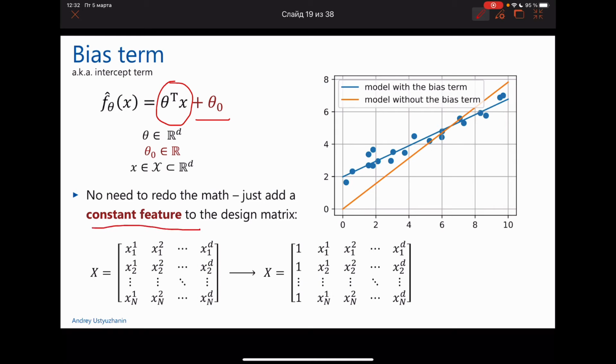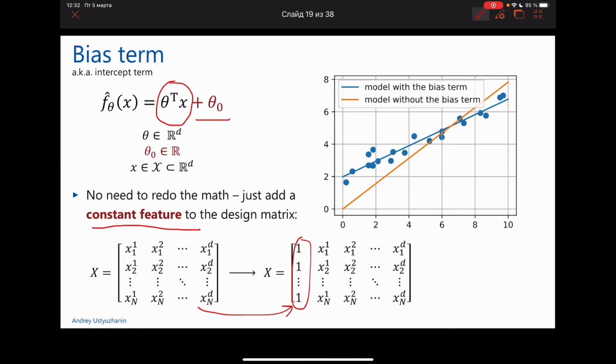So we go from here to here, and we just added this, and then we add this theta 0 to the theta vector, and we come back to the original solution.